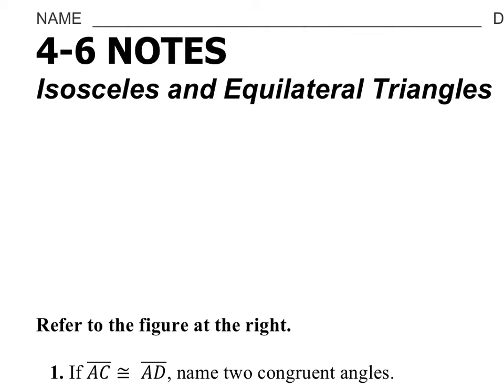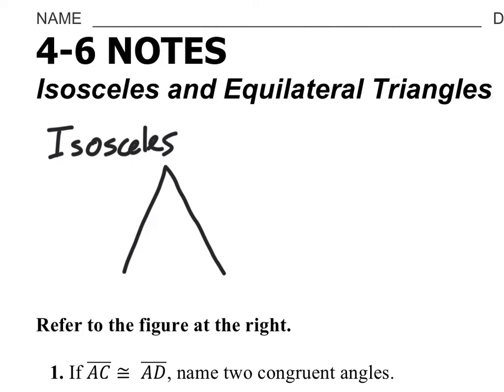The first thing I want to talk about is properties of an isosceles triangle. Isosceles, and I think that's a good name for a pet, isosceles. But let's go ahead and draw a generic isosceles triangle. Let me call this triangle ABC.